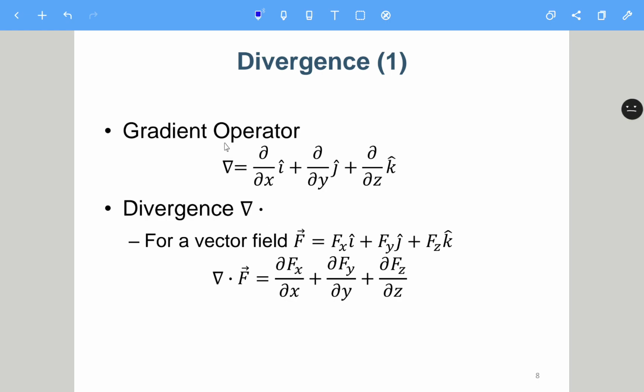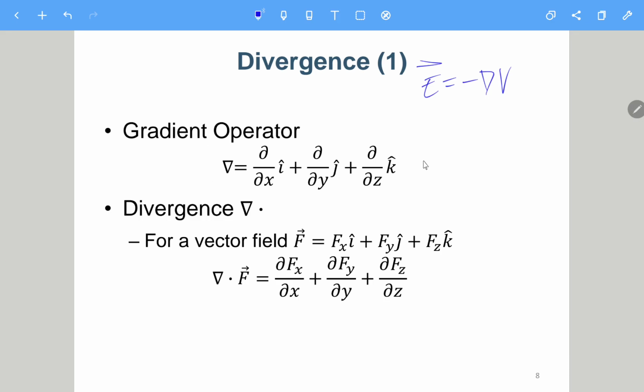If you still remember in chapter 24, we learned the gradient operator. At that time, we learned it as E equals negative gradient of V. This gradient in Cartesian coordinates is partial x, i hat, where i hat is the unit vector in the x-axis, plus partial y, j hat, plus partial z, k hat.